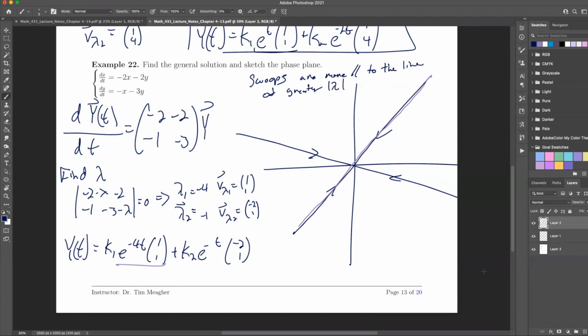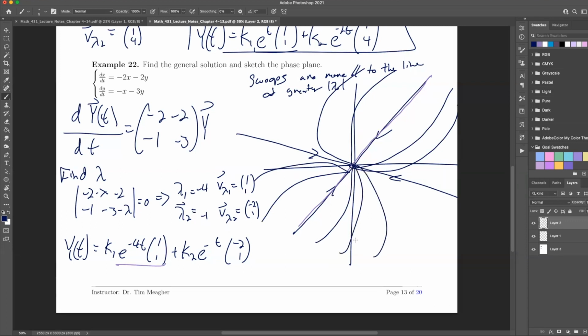For a positive, it would be the more positive one; for the negative, the more negative one. In this case, they're going to be more parallel to this line. They're going to look more like this, and they're going to come in, and the lines start more parallel to that. Does that make sense? Whatever one is stronger, the lines are more parallel to.